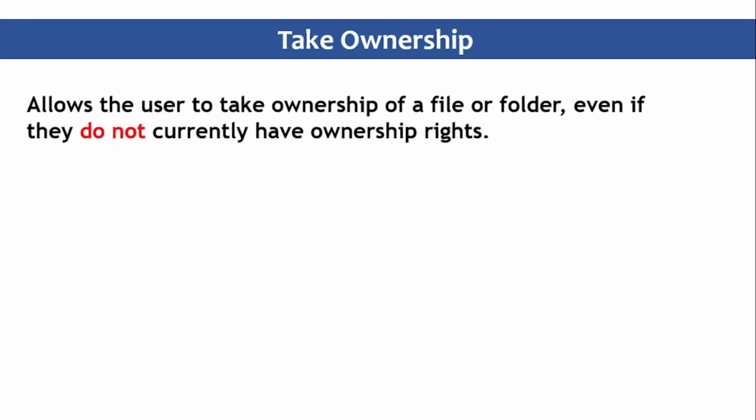A very important special permission is take ownership. This is used very frequently in any organization. It allows the user to take ownership of files and folders even if they do not currently have ownership rights.